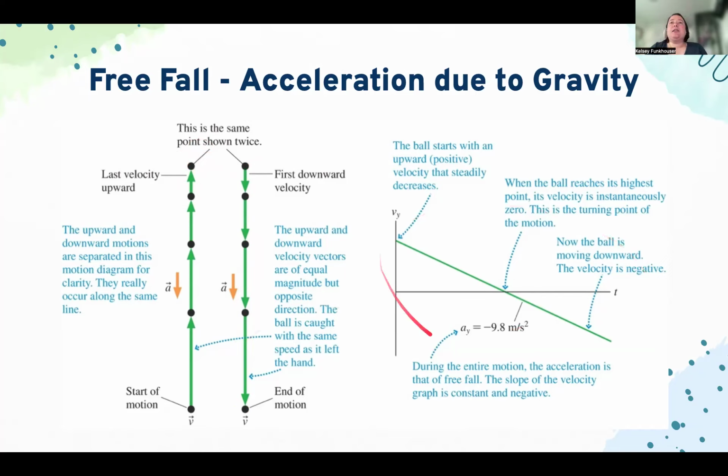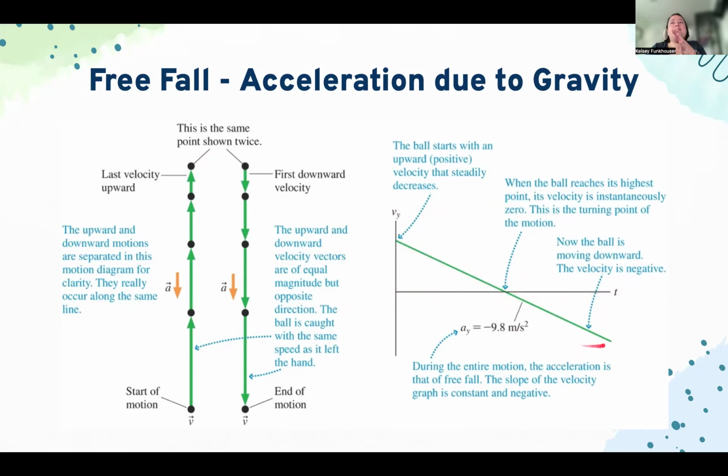And then we can also look at the velocity graph and see what it looks like. So the ball will start out with a positive velocity because it's thrown upward. And then that velocity will decrease, which we see because this is the zero velocity equals 0 meters per second line. So it'll decrease until it gets to 0 and it's briefly at 0.